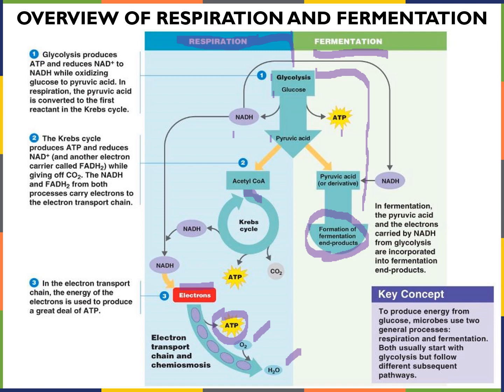We made a very little bit of NADH, and we made a couple of molecules of ATP, and that's it. So fermentation, yes, it is technically a way of making energy, but it's a very poor way of making energy. And I have one more slide where we'll talk about fermentation later on in a few minutes. Okay, moving on to the next slide.